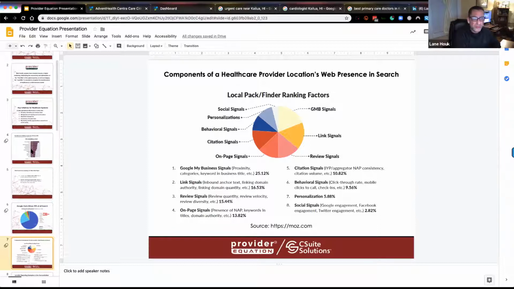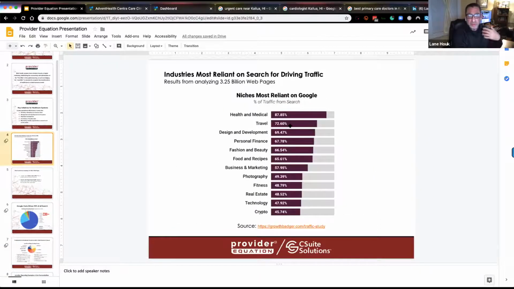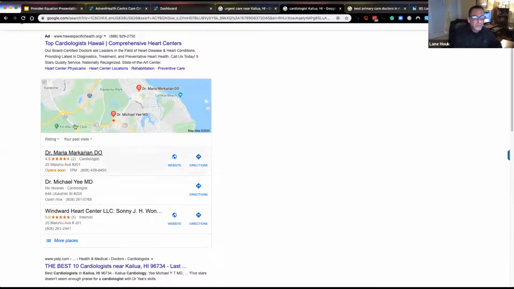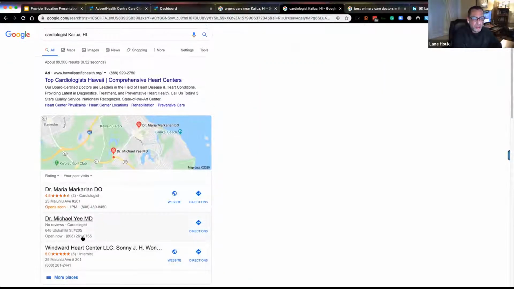And if we go back to the pure data that health and medical are the most reliant on Google search, the simple conclusion is that if you, as a healthcare provider, don't show up in this 3-pack here, you are going to lose opportunities to earn more patients. Also, people are seeing your reputation as a healthcare provider or as a practice or as a company front and center when they do these types of searches.